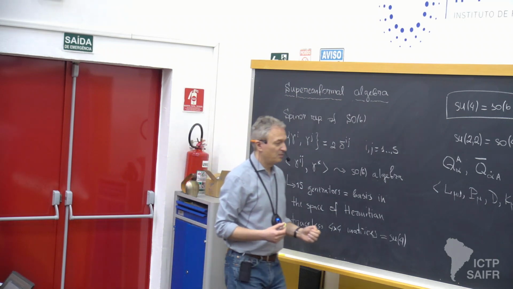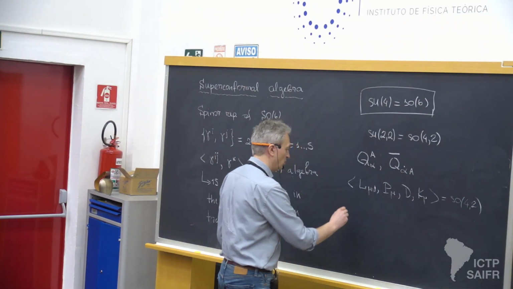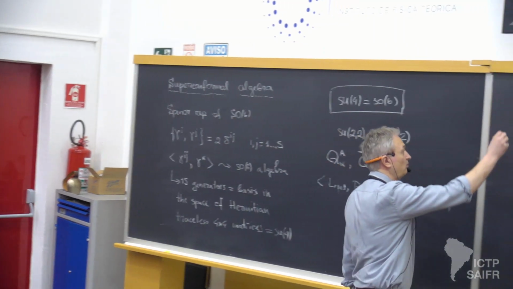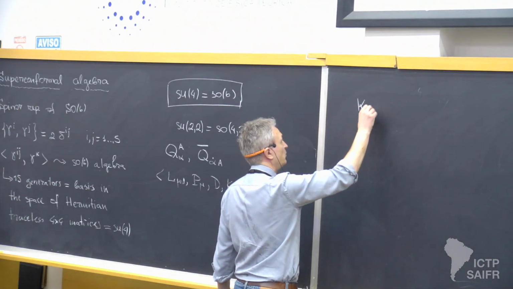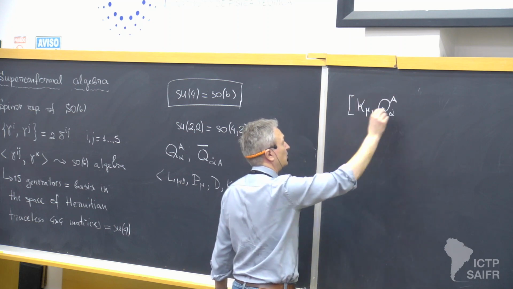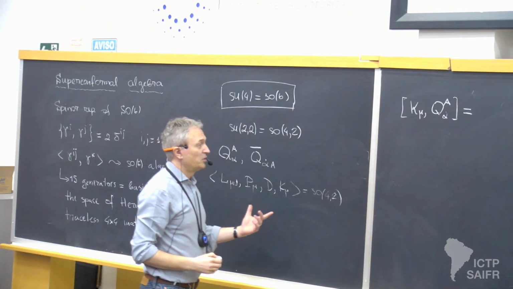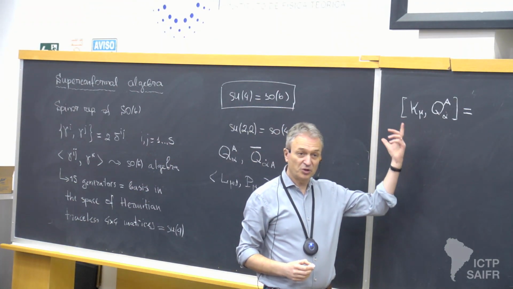So the question is, what happens if we act by special conformal transformations? If you take a commutator of K mu with a supercharge, what do we get? So this will be an odd generator.